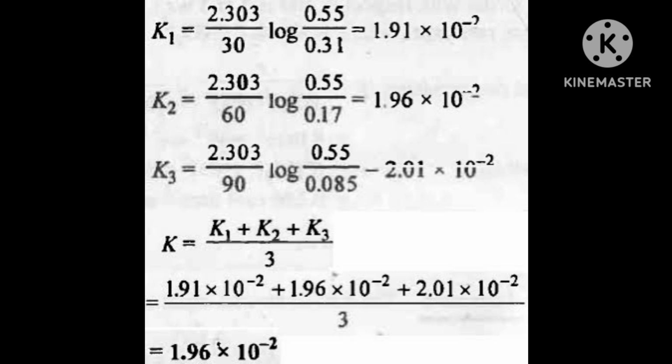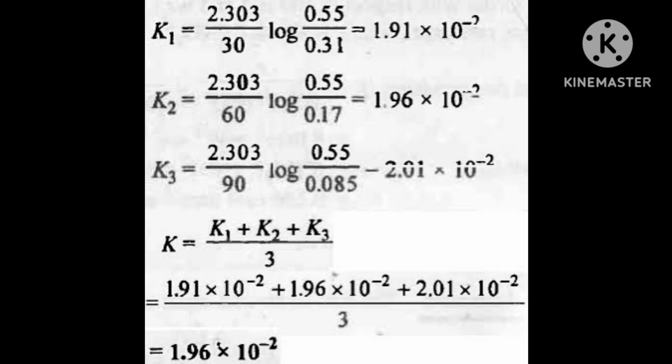Then K is equal to K dash into molar concentration of H2O. H2O concentration is 55 mole. And K value, you can take the average of these three. Any value you can write, that will also work because all values are almost the same. K value we know, H2O value we know, hence K dash value you can know very easily, correct?